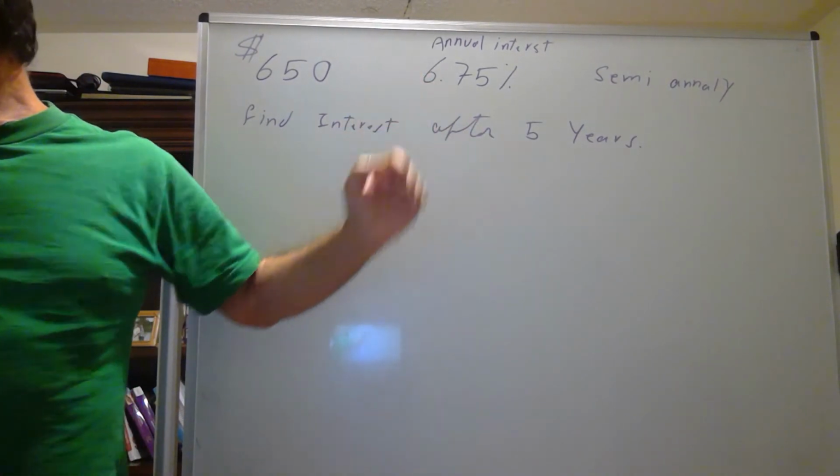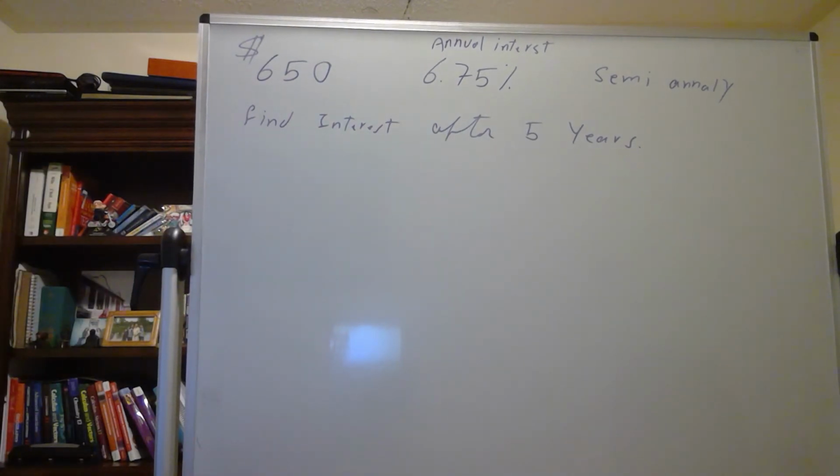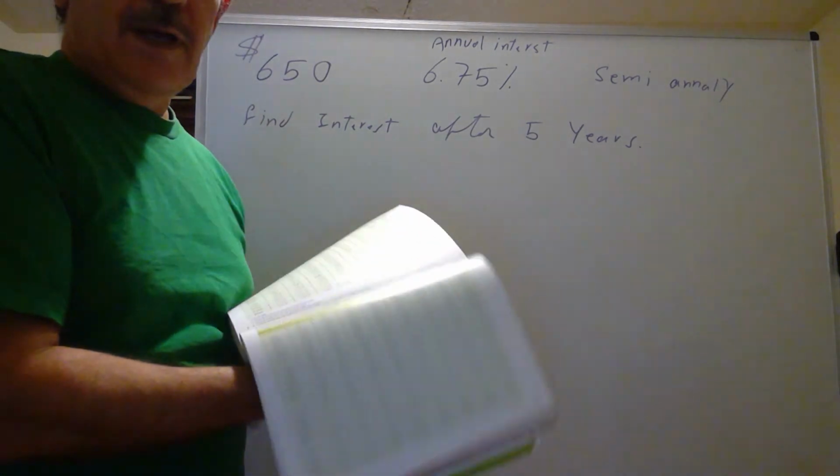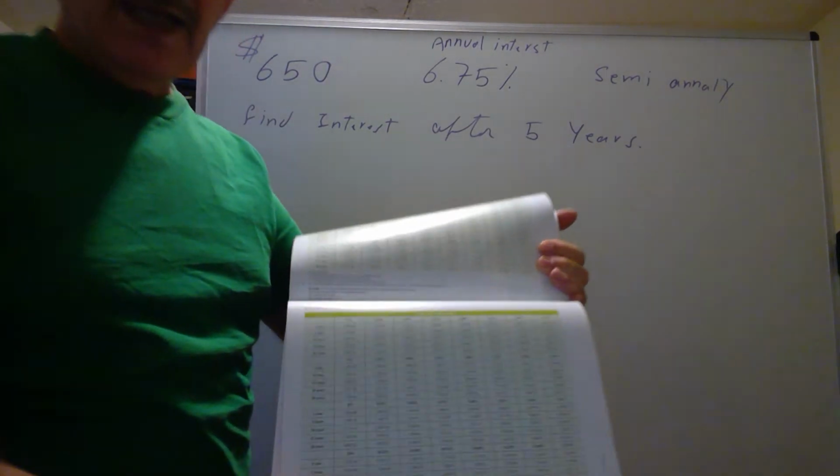And look at the interest rate of 6.75%. 6.75% is in the second part of the table. I'm using this table as an example.